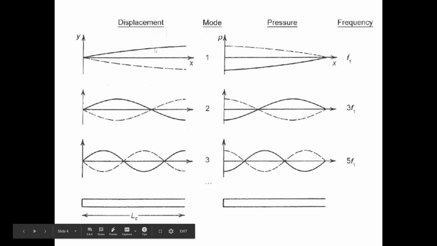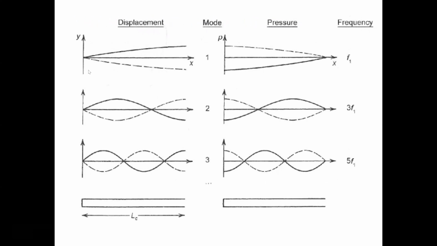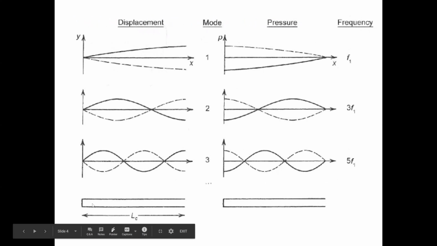Now, if we have a closed pipe, so we've got a closed pipe at this end, an open pipe at this end, we still have a displacement antinode at the open end. And at the closed end, we have a displacement node because those particles are not free to move side to side anymore.